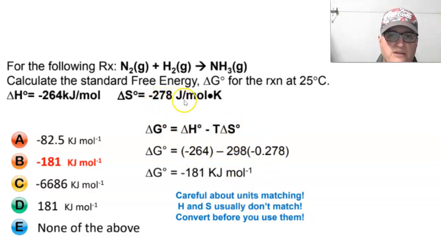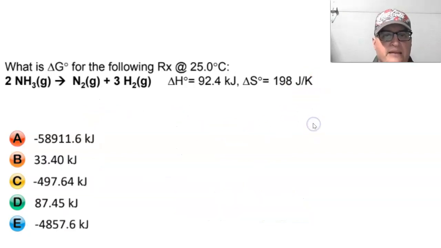They sometimes will give you joules. It's probably simplest to turn this to kilojoules, which moves your decimal over 3 spaces, making sure that your units are in kilojoules per mole. So make sure you convert before you use them. They don't usually match, sometimes they will. You always need to watch your units for those things going forward. And remember, your temperature is in Kelvin, not in Celsius.